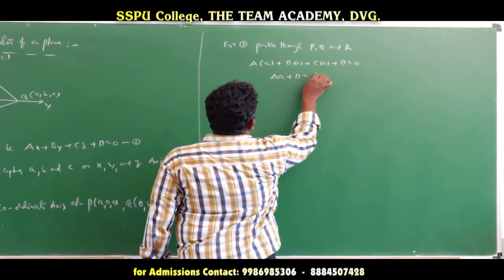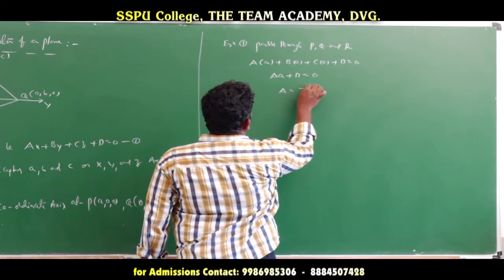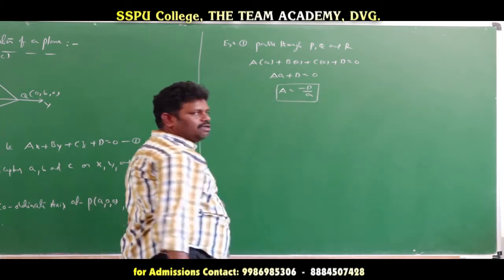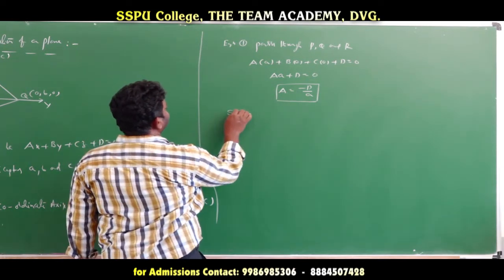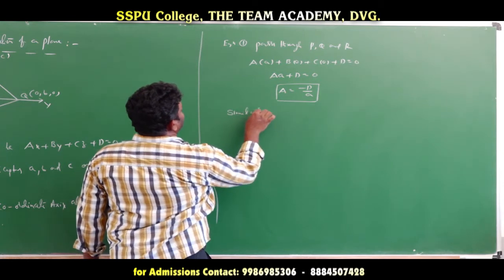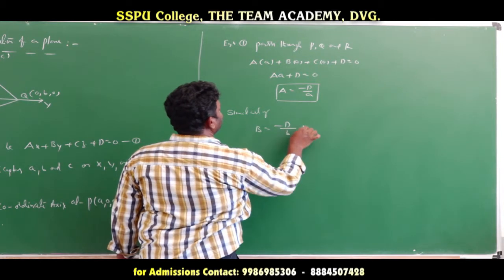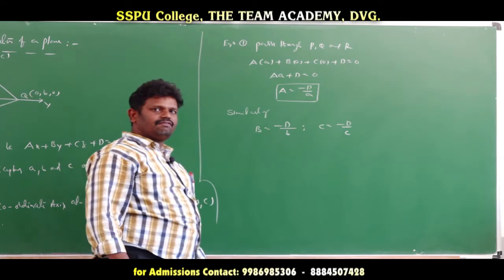So a into a plus d is equal to 0, so a is equal to minus d by a. Okay? And similarly for the next points Q and R, b is equal to minus d by b, and c is equal to minus d by c.